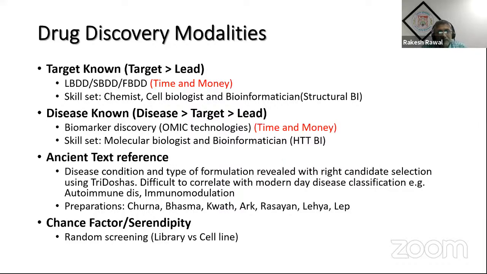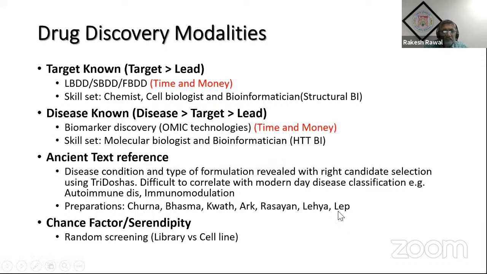Similarly, for getting a right hit or some clue, there are ancient text references, so that you don't have to hit and trial randomly, but you have some reference point that it has been used for thousands of years, that these phytochemicals are more useful for at least fever, for cold, for this, right?